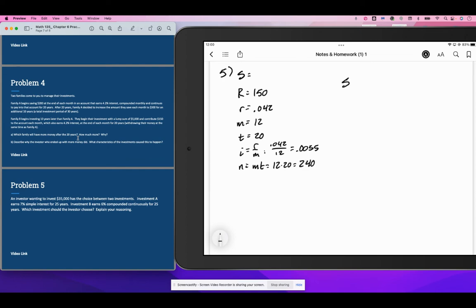So future value of an annuity. We've got S equals the payment times ((1 plus i) to the power of n minus 1) over i. And so we are going to have S equal to 150 times ((1 plus 0.0035) to the power of 240 minus 1) over 0.0035.